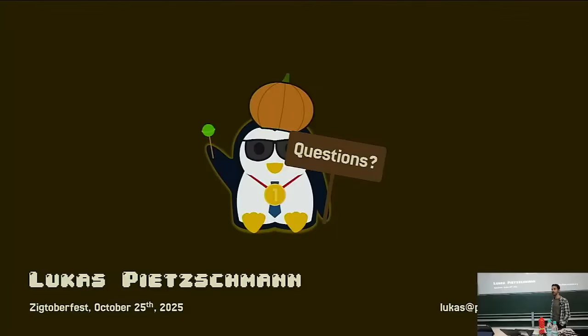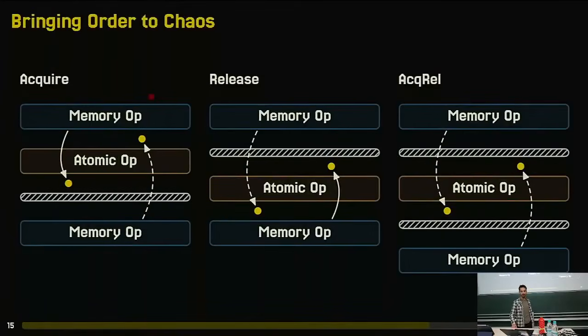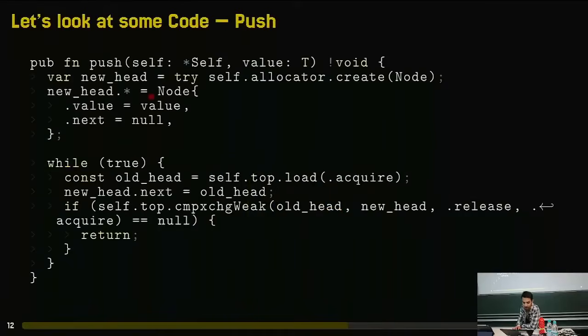Hey, thank you. That was really nice. I want to ask you a question about your slide where you were discussing acquire semantics with the compare and swap. The one with the code. So you mentioned that the load should have acquire semantics so that the compare exchange cannot be reordered above the load. Yes. But doesn't the compare exchange have a data dependency on old head, preventing that from happening?